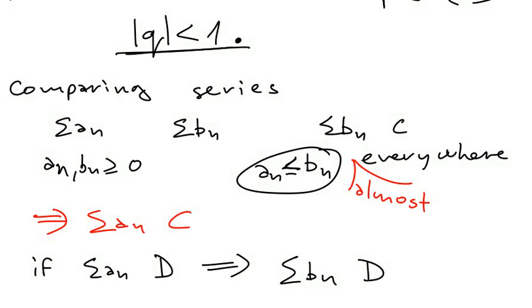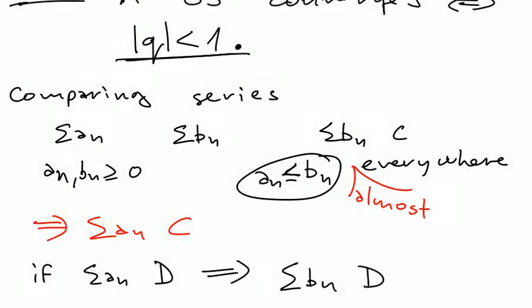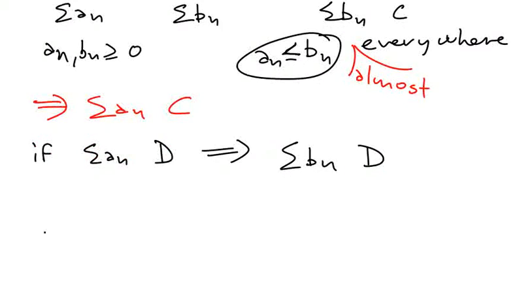So if we would like to prove that some series diverges or converges, we just have to find another appropriate series, and we are basically done. And we don't need exactly smaller here. For example, if 2 times an would still be smaller than bn, or 1/2 of an would still be smaller than bn, or whatever relation like this would hold, then we can use it anyway.